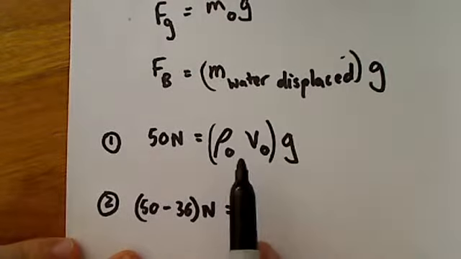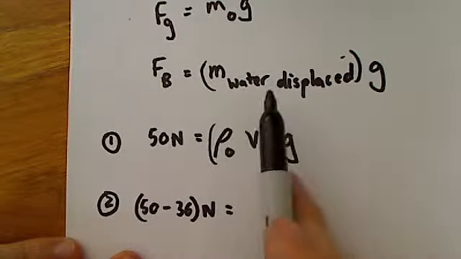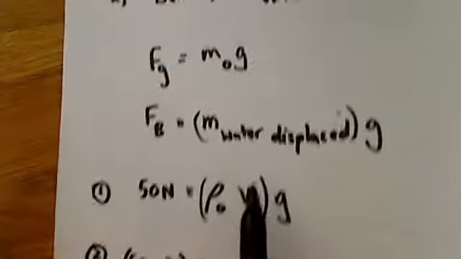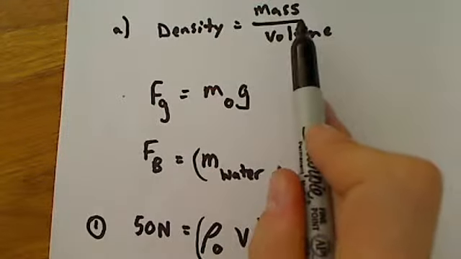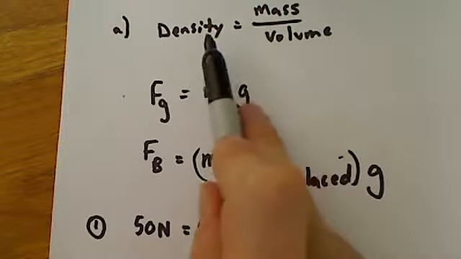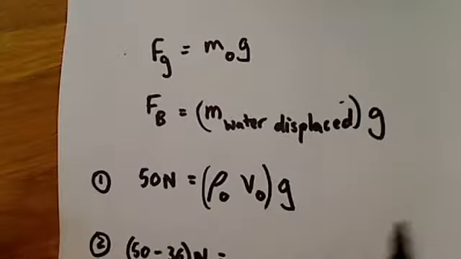Again, just like we did for our object, for our water displaced, we want to write this in terms of density. If I want to know what the mass of the water displaced is, I have to write this in terms of its density and volume.